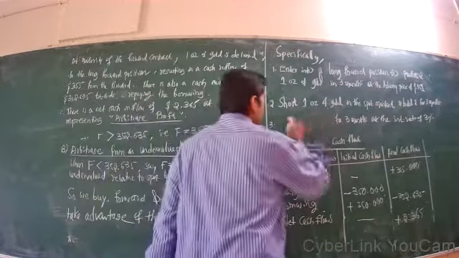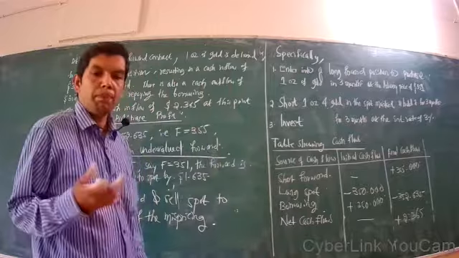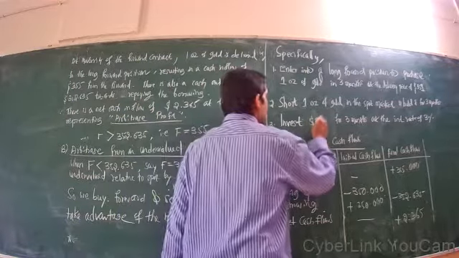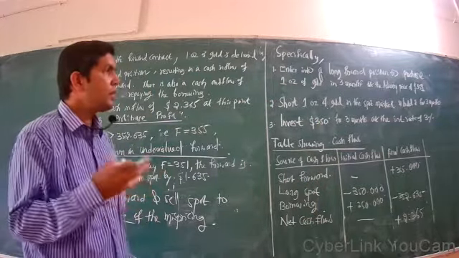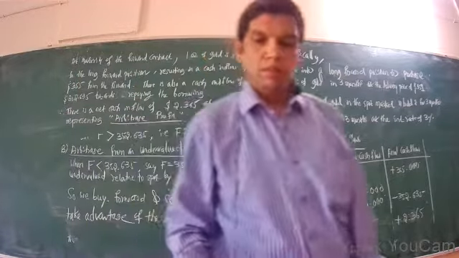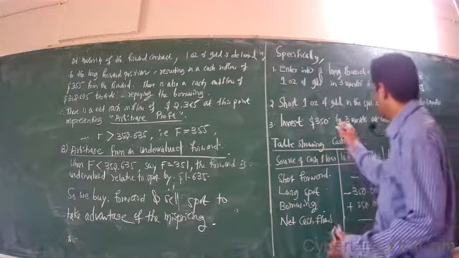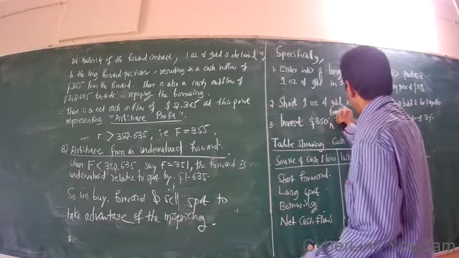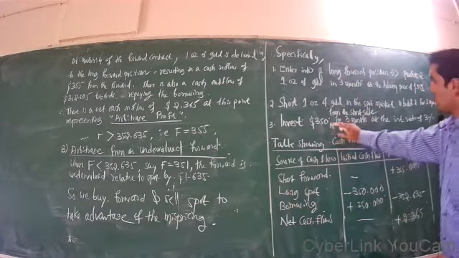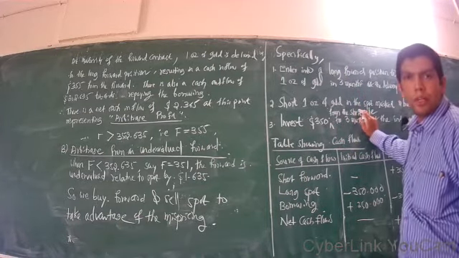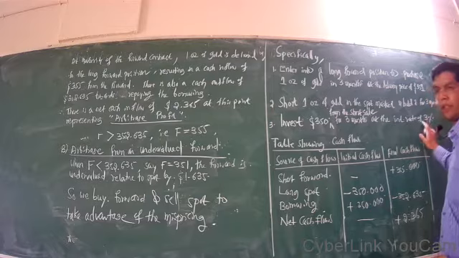Next, invest the $350 from the short sale for 3 months at the interest rate of 3%.